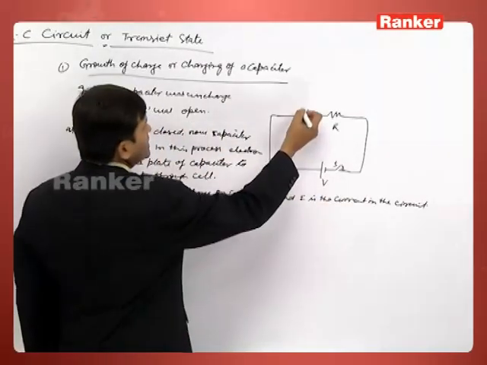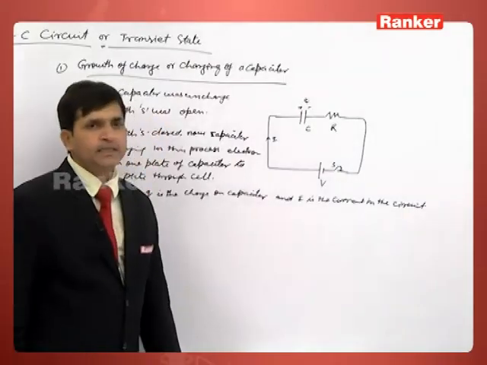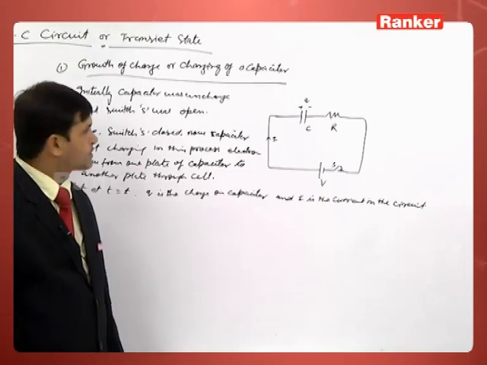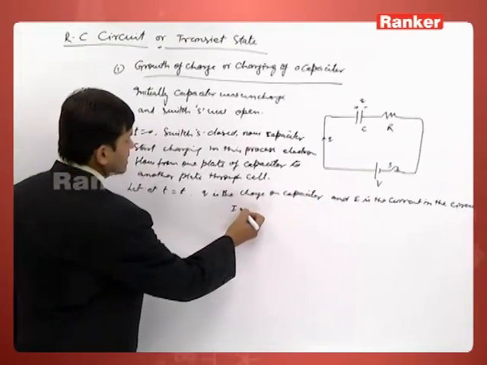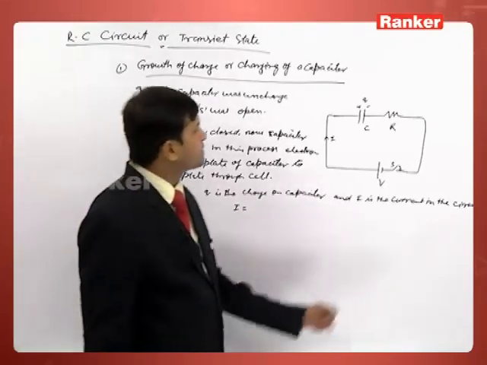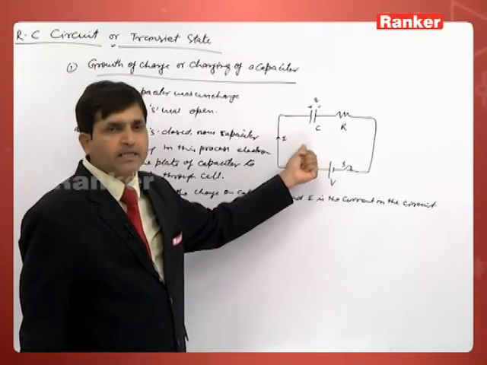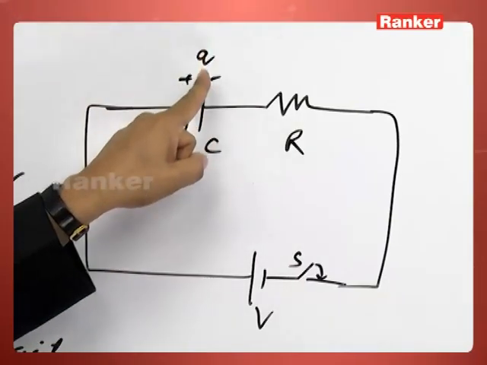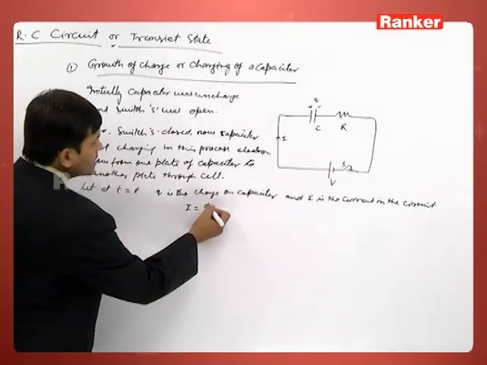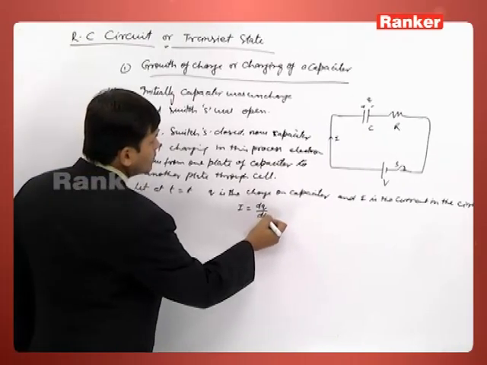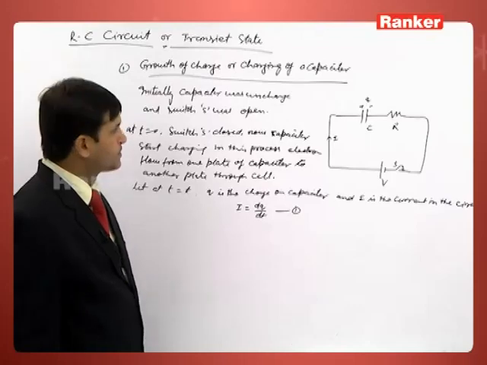First, current is defined as the rate of flow of charge. It is the rate by which charge is coming on this plate. So I can be written as dq by dt. This is the first equation we can write.